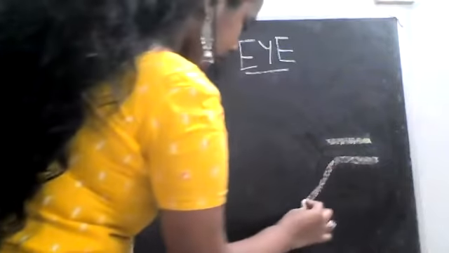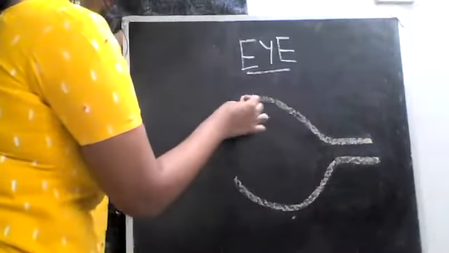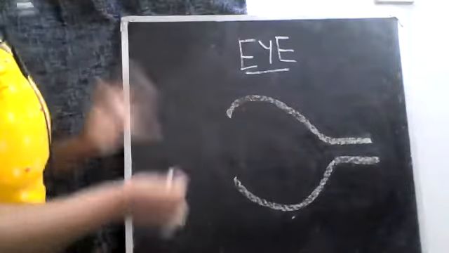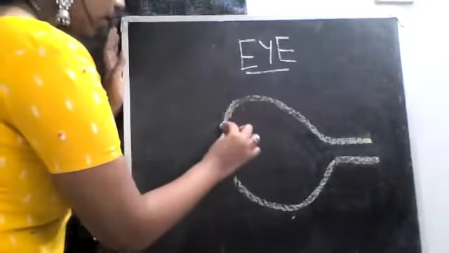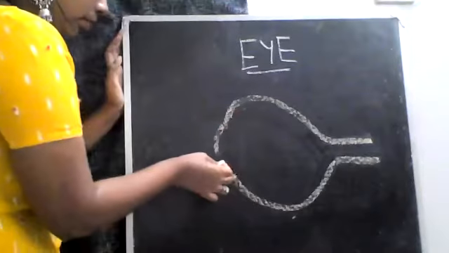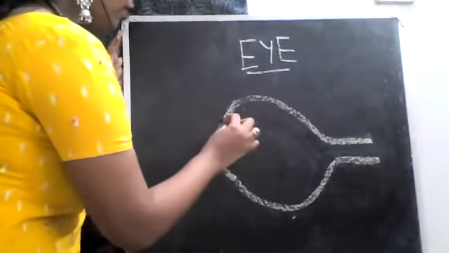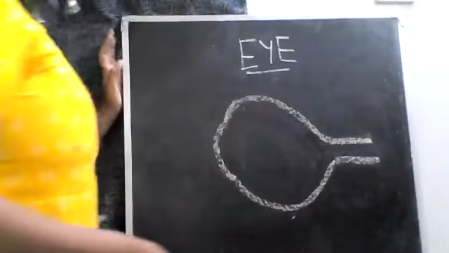You start from here, and they are somewhat circular, but don't finish the circle yet because we'll be taking a small detour, a small bulge of sorts, and this is your first layer.